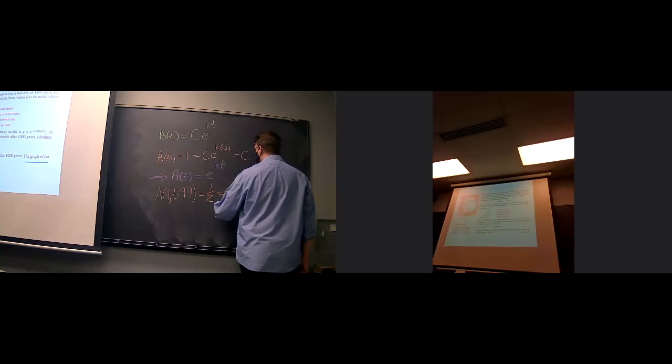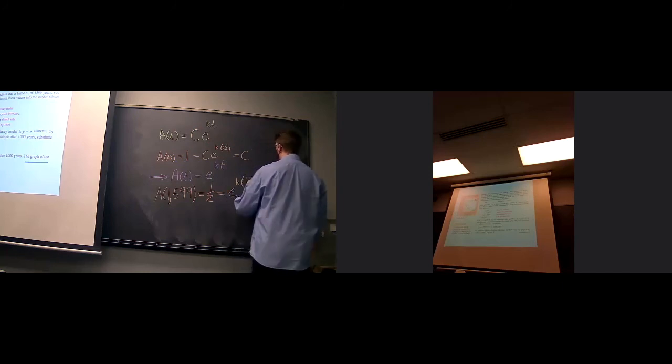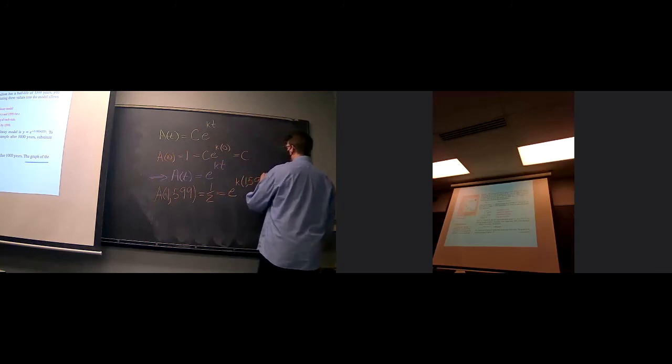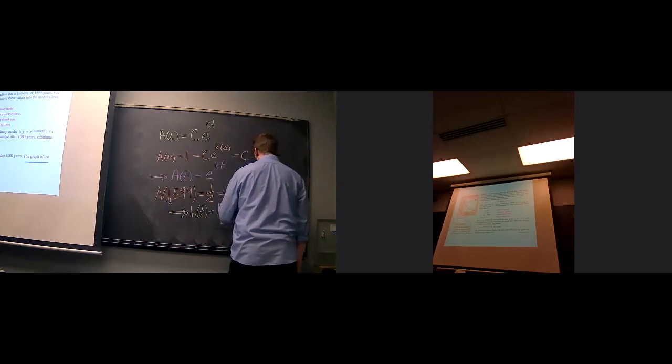So this tells us then that e to the k times 1,599 is going to be equal to 1/2. So now we just want to solve for k. Take the ln of both sides, right? The ln of 1/2 is going to be equal to k times 1,599.